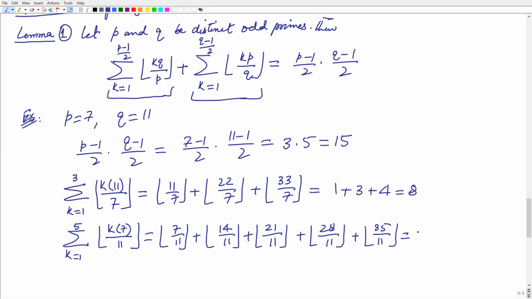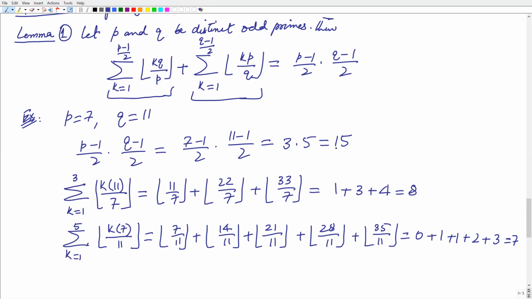So 7 by 11 gives 0, 14 by 11 gives 1, 21 by 11 is again 1, 28 by 11 is 2, and 35 by 11 is 3. So 1 plus 1 is 2, plus 2 is 4, 4 plus 3 is 7. So 8 plus 7 is 15, which is the right hand side.